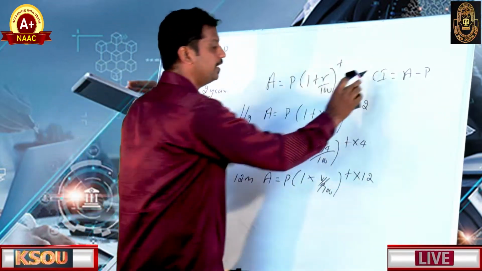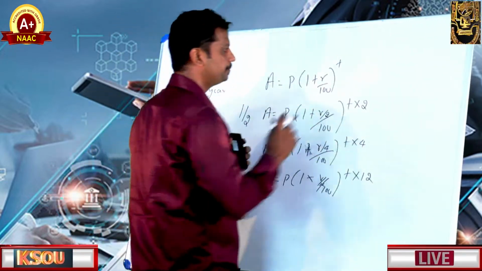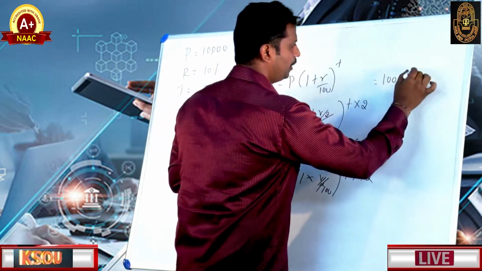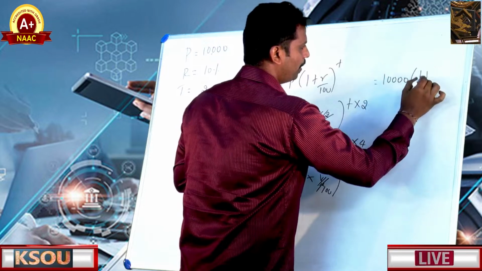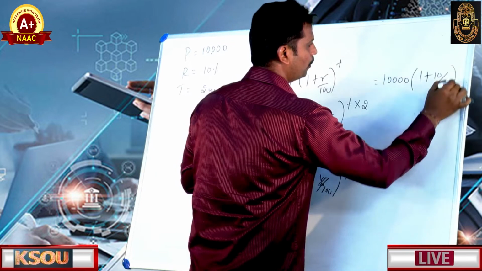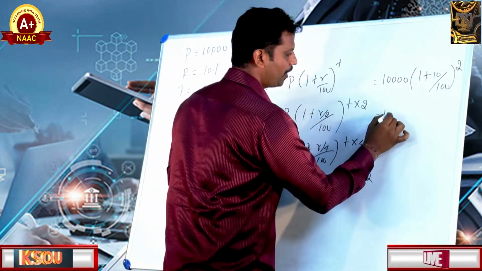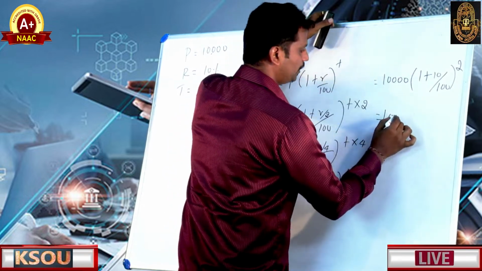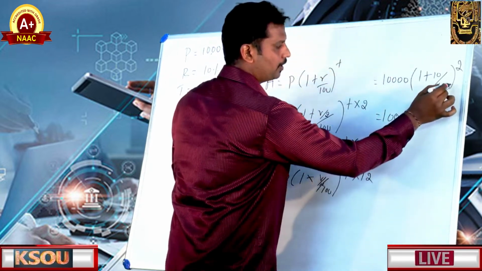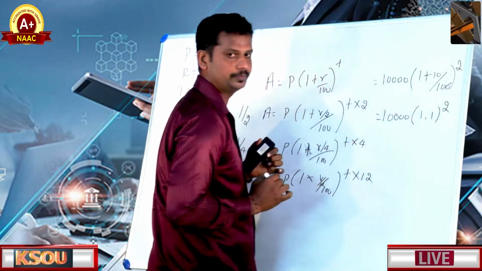First, the compound interest per annum, compounded once in a year. What is the formula? A equals 1000 into (1 plus 10 divided by 100) to the power of 2.